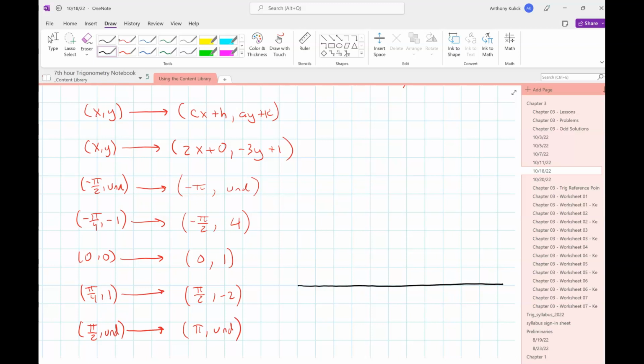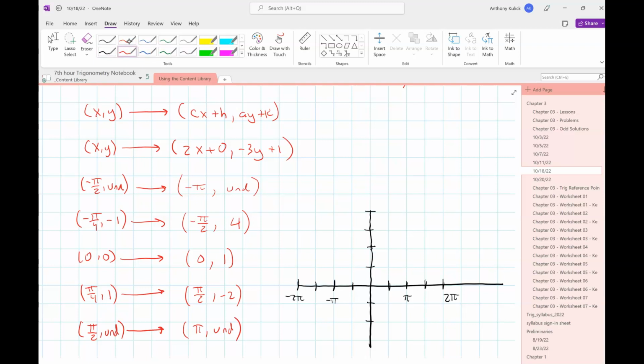So it looks like things are going by half a pi's. So -1.5, -1, -1/2. There's 0. Okay.